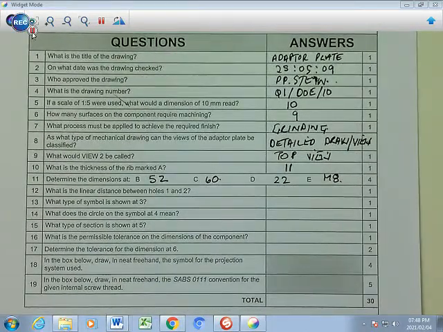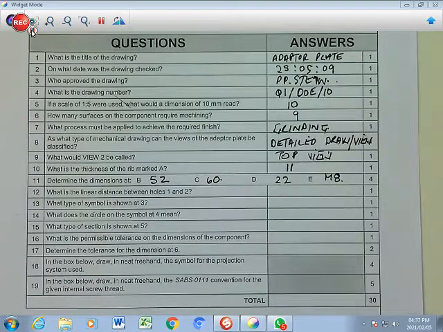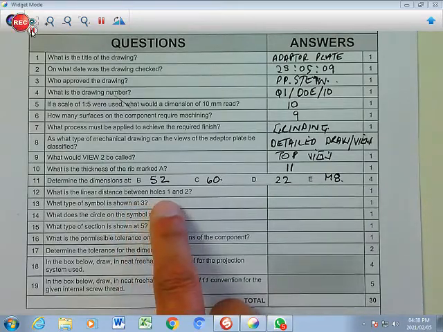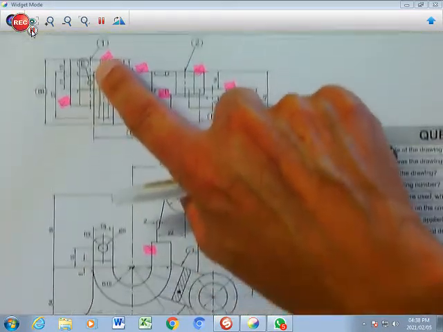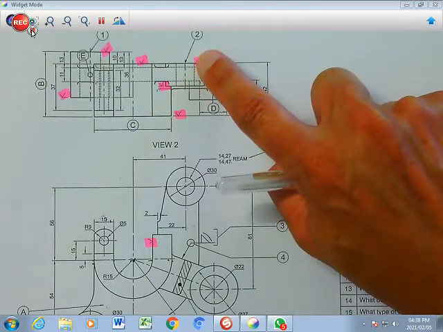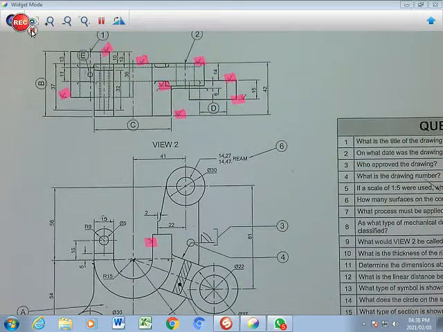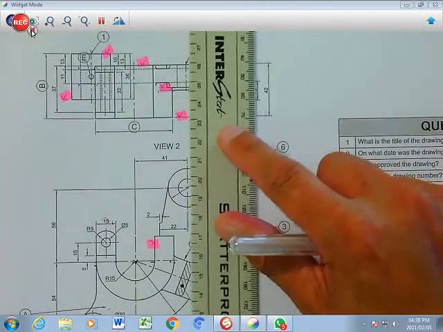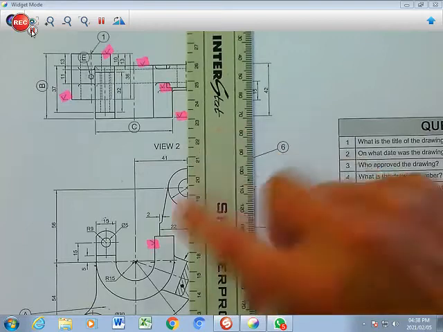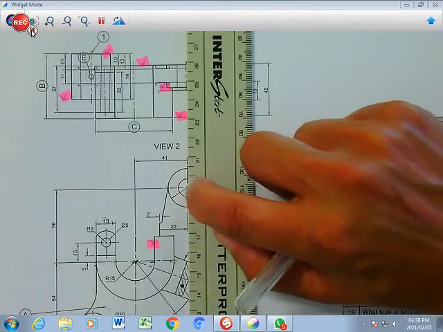So question number 12. What is the linear distance between hole 1 and hole 2? If we move across here to our drawing, there's hole 1 and there's hole 2. What you need to understand here is you can take a ruler. It's from this center line to that center line over there. You've got to mark it right in line with that point there.